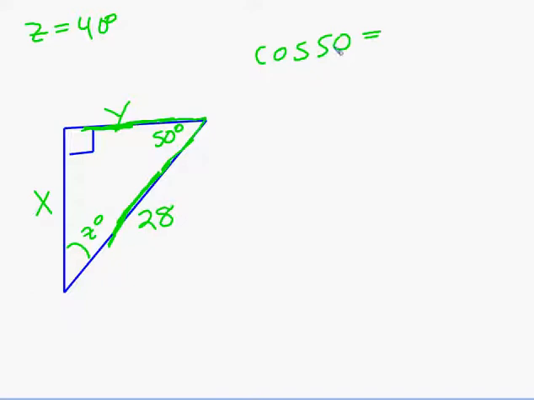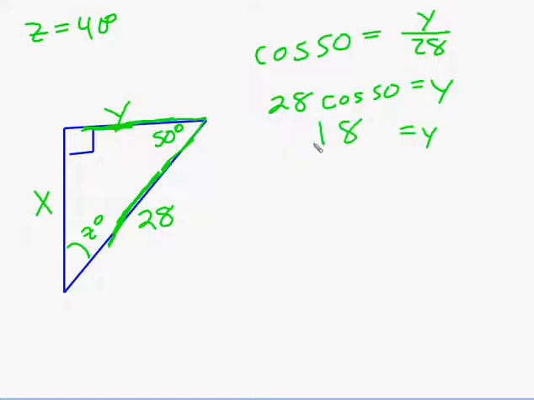And this doesn't mean cosine times 50. This is all one thing, cosine of 50 equals y over 28. I'll multiply both sides by 28 to clear out that fraction. And y equals 18 after rounding.